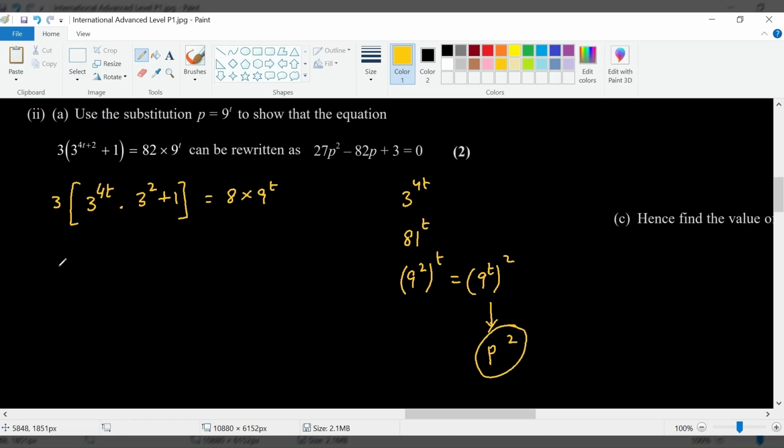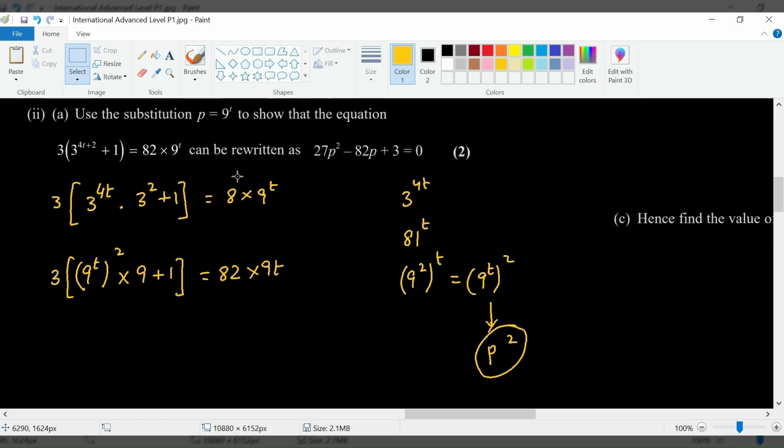Okay. Now in here, what I am going to do is that I will write this one as 9 to the power t square times 9 plus 1, and this is going to be straight 82 times 9 to the power t.